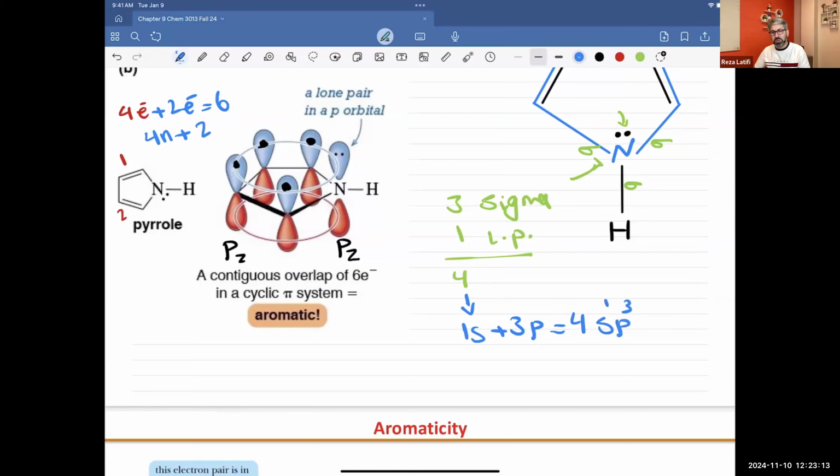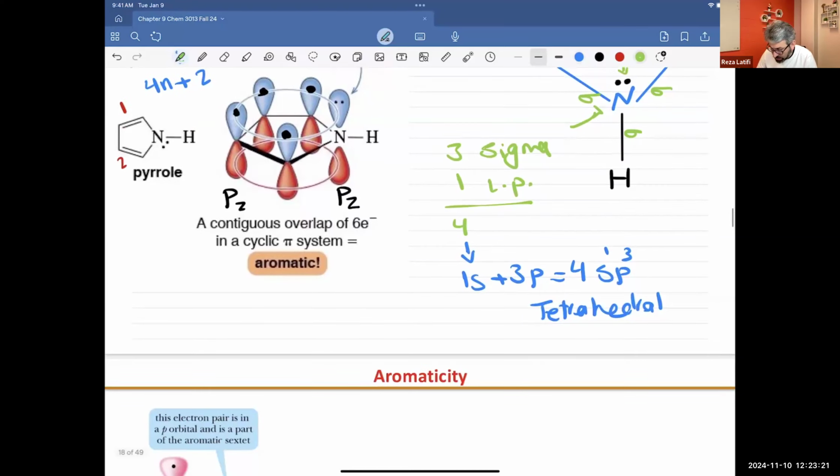If you get sp3, that's going to be tetrahedral, and tetrahedral is not planar. And if it's not planar, your molecule would not be aromatic.